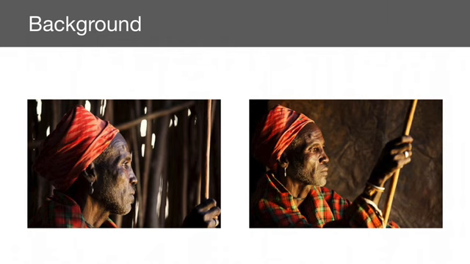Another way to think about the background is that if it's busy, such as the one on the left here, white parts of a background are more noticeable than the dark parts of a background. Our eyes have a tendency to gravitate to the brightest part of any painting or photograph or drawing.